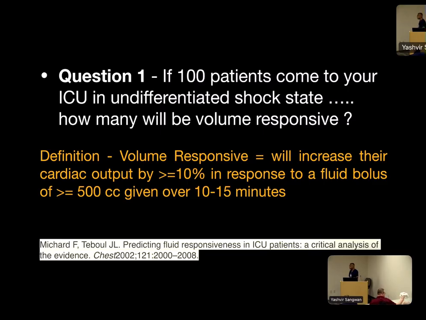So, 3 questions. Everybody should be able to answer. Give me a number. If 100 patients come to your ICU in shock, how many are fluid responsive? An undifferentiated shock, 62% of it is septic, 15% of it is cardiogenic, 15% of it is hypovolemic, and 2% or something is obstructive.